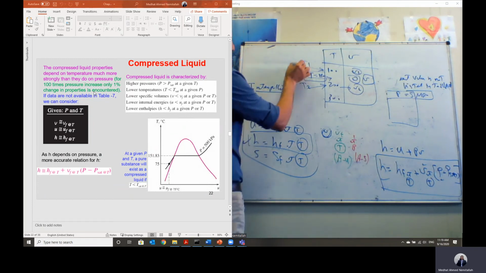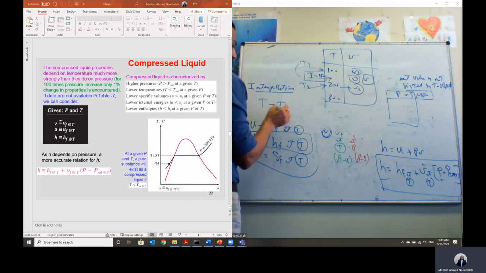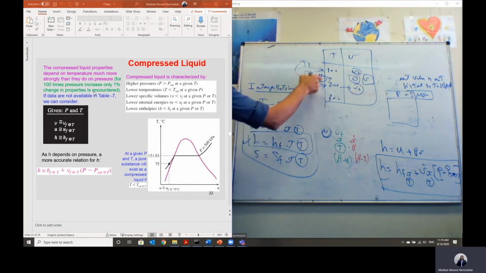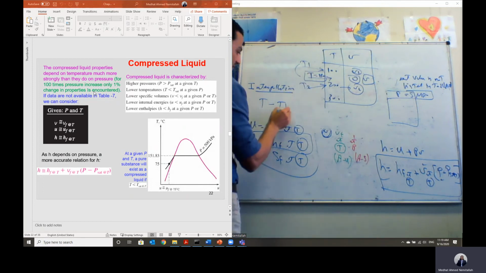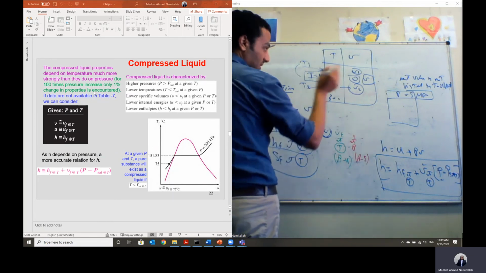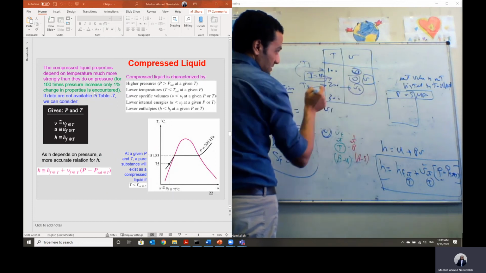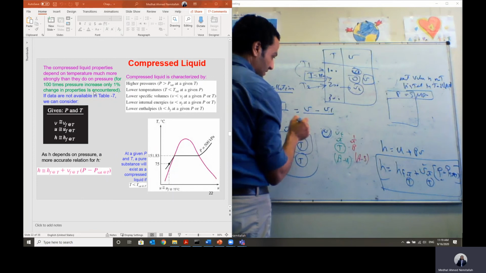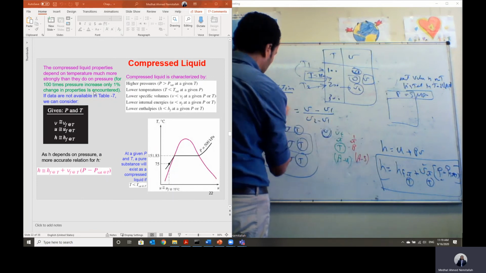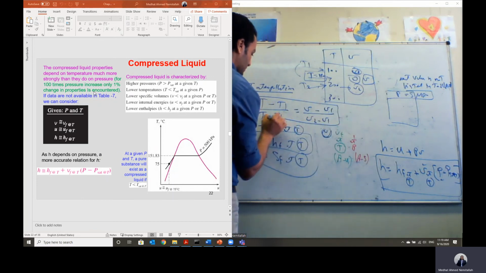We can just say T minus T1, the temperature I need to calculate at, which is 150 minus T1, which is 100, divided by T2 minus T1, which is 200 minus 100. That will equal the specific volume I need to calculate, minus V1, which is listed in the table in front of 100, divided by V2 minus V1.